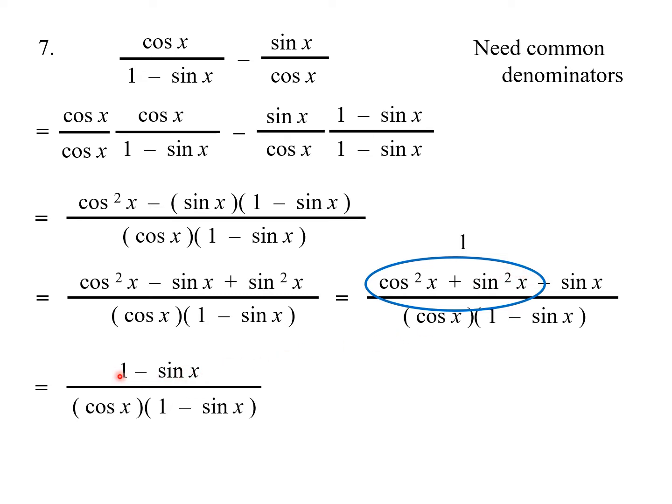And then I have 1 minus sine of x in the numerator, I have 1 minus sine of x in the denominator. They cancel out. And lo and behold, I get 1 over the cosine of x, which is just the secant of x. That's kind of amazing that this complicated thing that we started with just breaks all the way down to just the secant of x, which is much simpler.